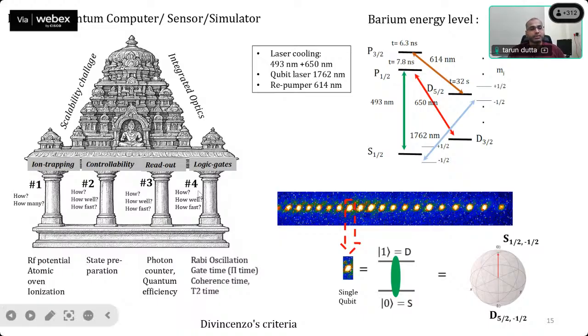The third one is the readout, which is also very challenging. That depends on the photon counter, or the quantum efficiency of the detector, which counts the photons. And the fourth one is the gates, the quantum logic gates or universal gates you are preparing, how good they are, how well they are implemented, and what the fidelity is.